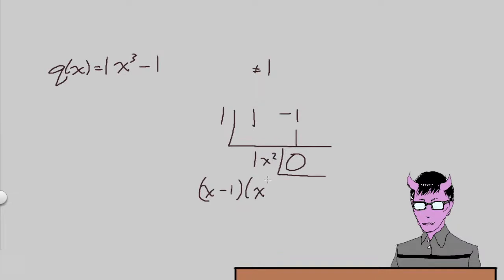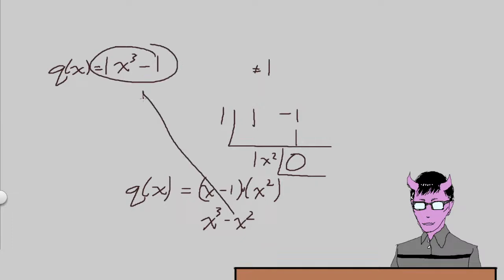And then if that is an x squared, then these two multiplied together should take you back to q of x. And you will see it doesn't lead back to q of x. It leads to x cubed minus x squared. Huh? Where's the minus 1? And where did this one come from? It's clearly not represented there.